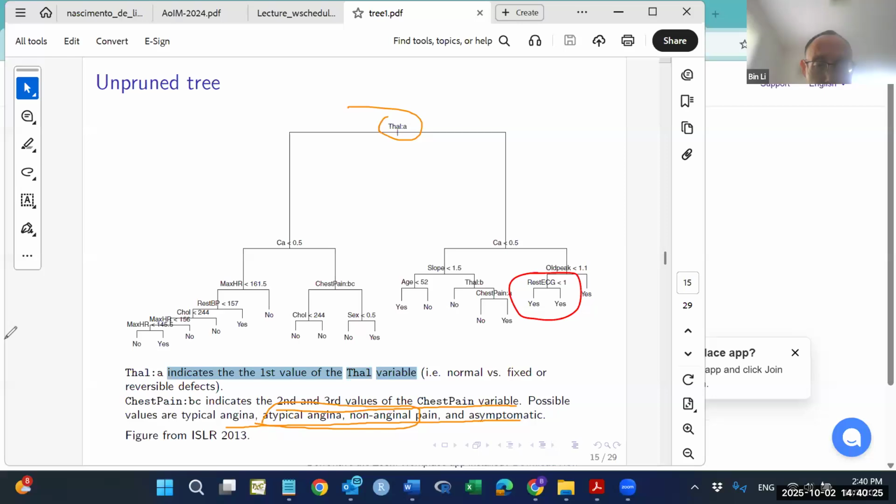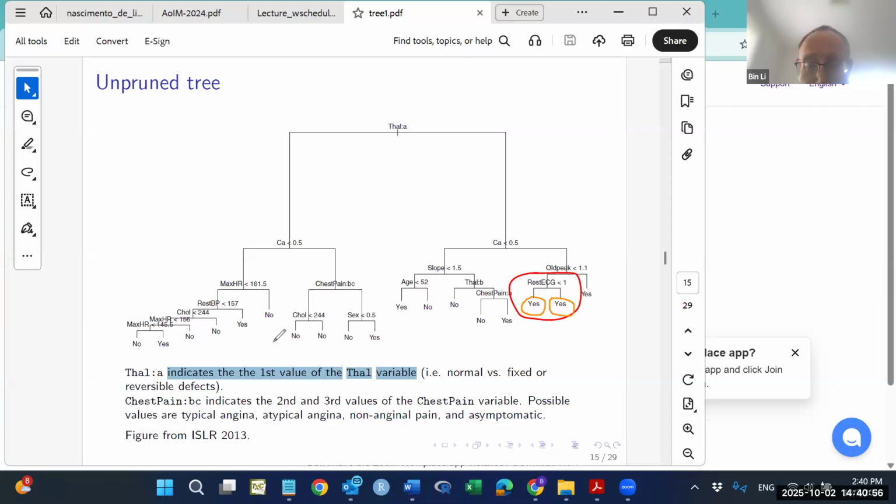Okay, anyway, here I want to point out a very interesting thing. Look at this: rest ECG less than 1, and I do a split. But when we look at the output, it says yes on the left branch and yes on the right branch.